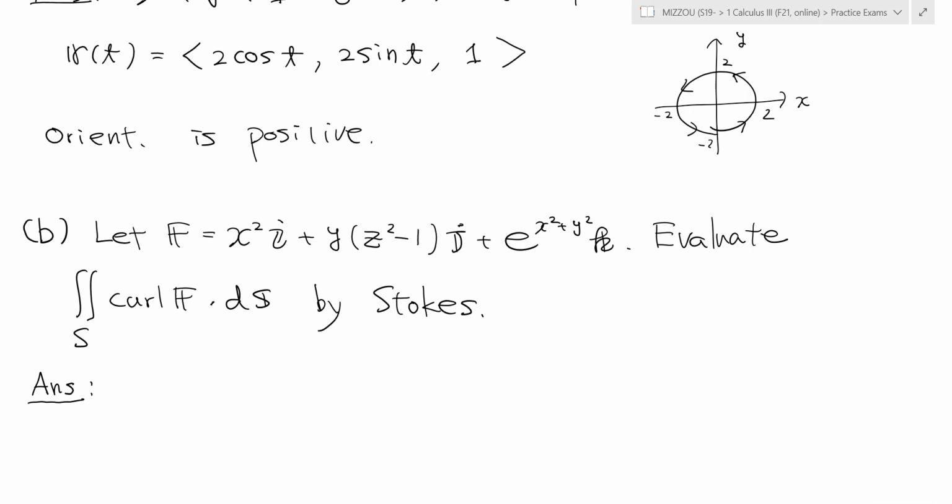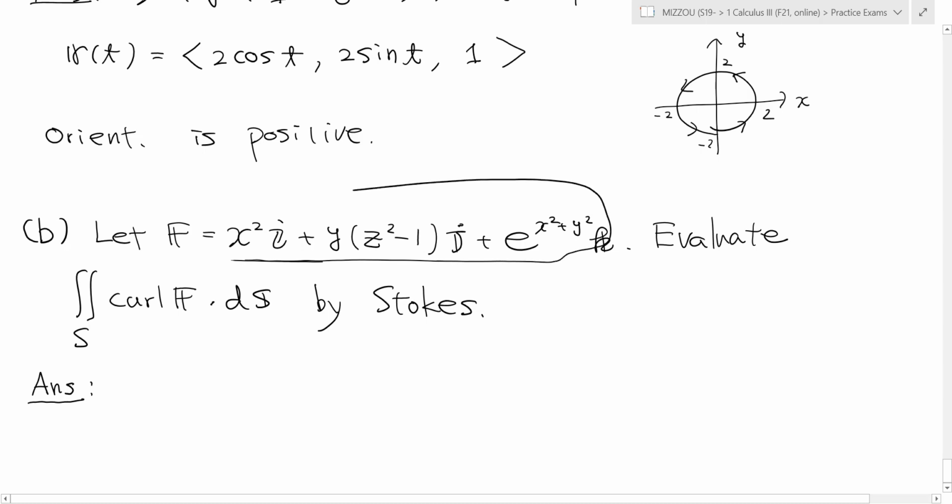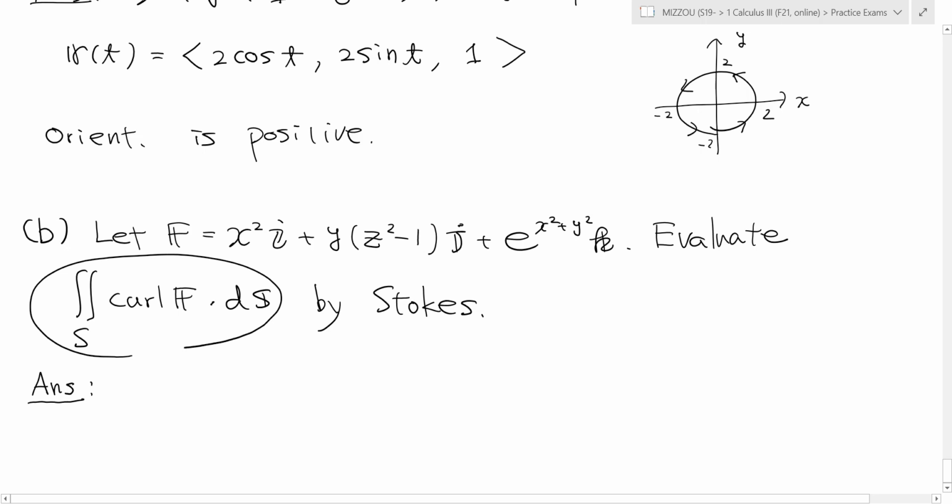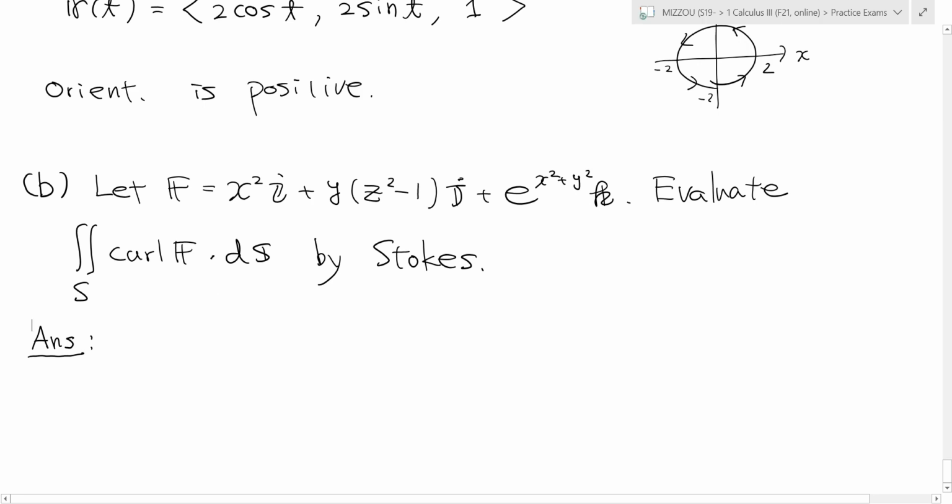Part B. Let F be this vector field, and evaluate this surface integral by using Stokes theorem. So, what was Stokes theorem?